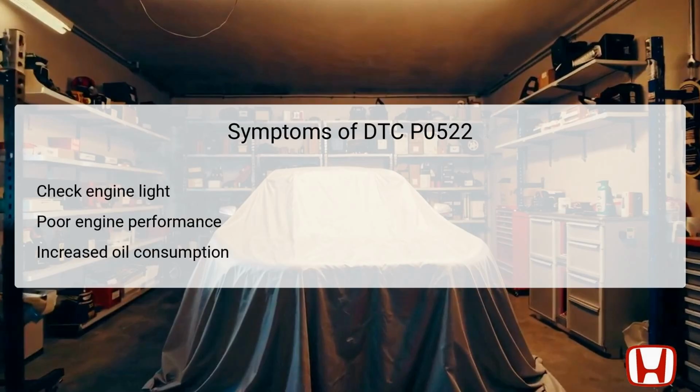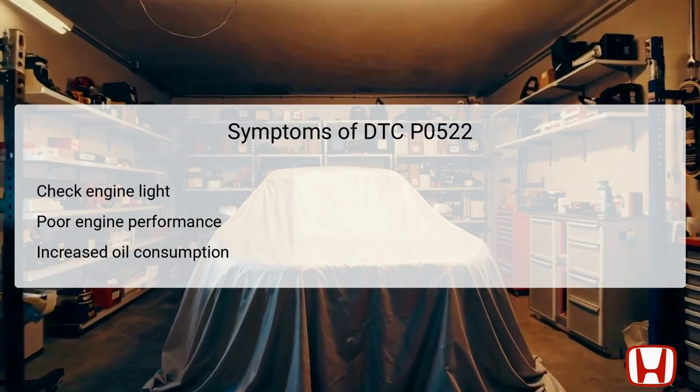When DTC P0522 is triggered, several symptoms may become noticeable. The most immediate sign is the illumination of the check engine light on the dashboard, alerting the driver that there is an issue. Users may experience poor engine performance.